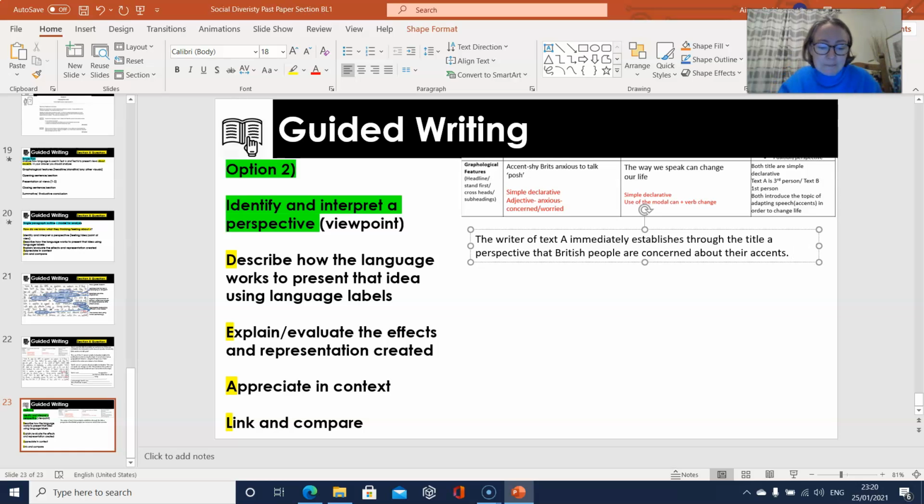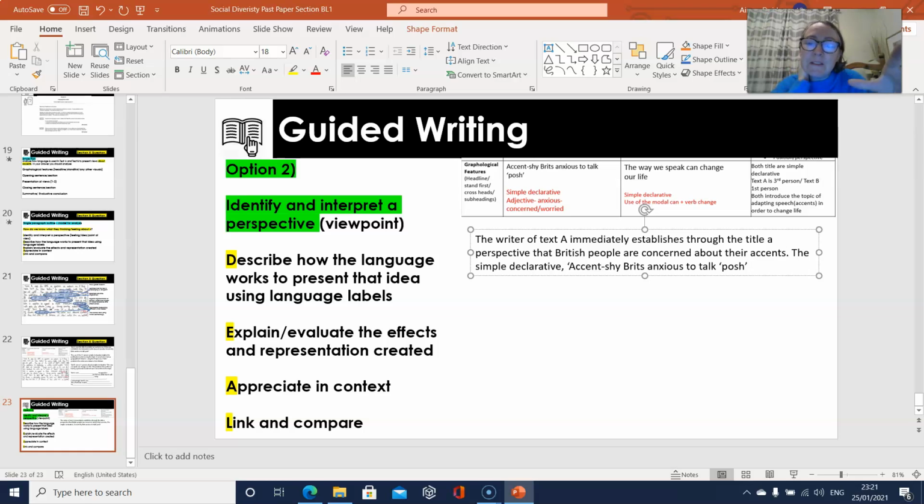Okay, so we're going to say the simple declarative, accent shy Brits anxious to talk posh. So now I've got my thing, but I want to think, so what are the words or phrases there that are creating this idea of anxiety, this idea of worry?